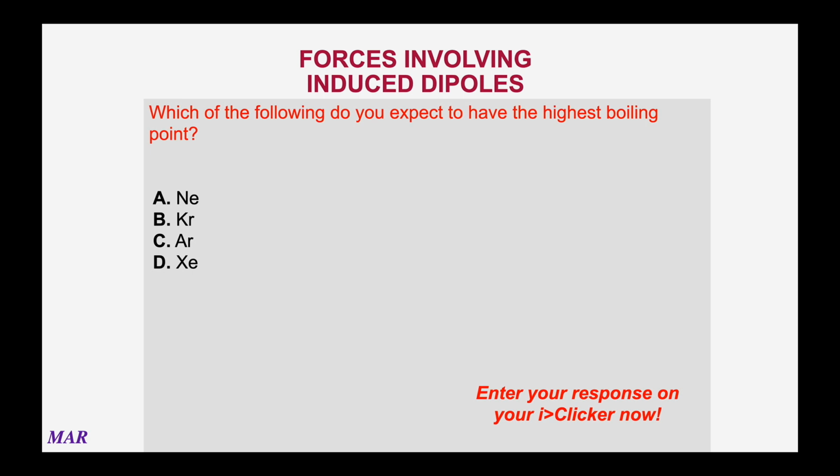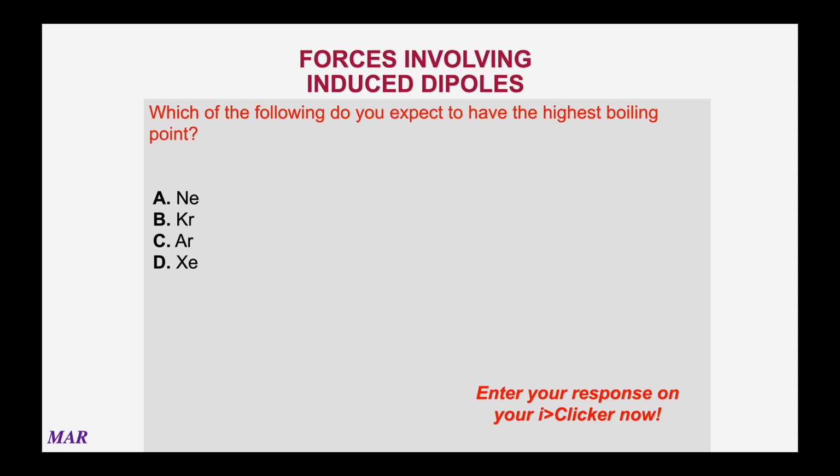Of these 4 examples, which one would you expect to have the highest boiling point? All right. And really what it comes down to most of the time is that either the type of the intermolecular force, that's number 1, and number 2 is the molar mass, higher molar mass, higher, lower molar mass, smaller. Well, all of those are noble gases. So they're all induced dipole.